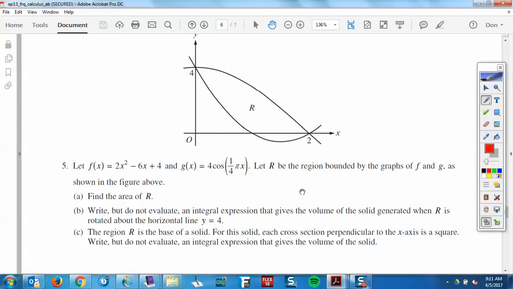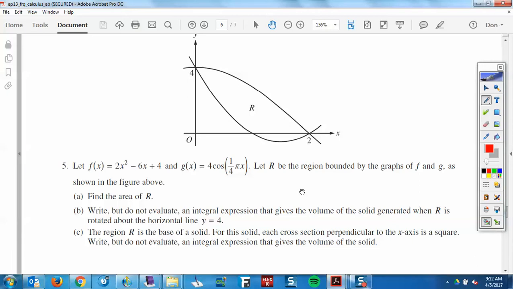Everybody read C. We're reading letter C here on this one. Okay, so now we got a different scenario.